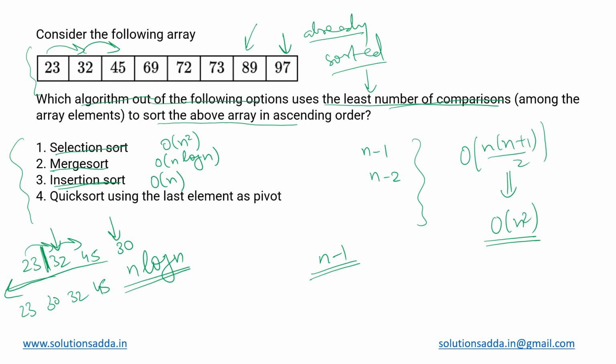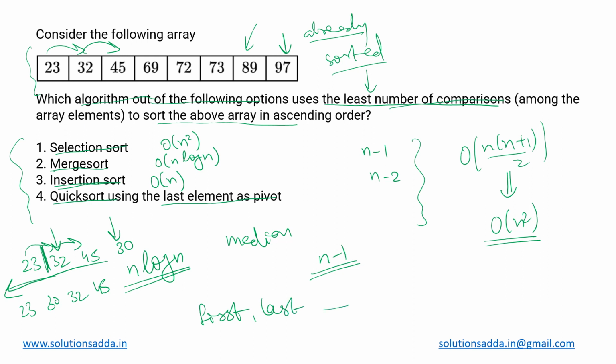Then coming to the last, quick sort with the last element taken as the pivot. Now there are different strategies in quick sort. We can use the first element or the last element as the pivot, or we can go for the median as the pivot. In case the input is already sorted, the first element and the last element taken as the pivot will give the worst performance.